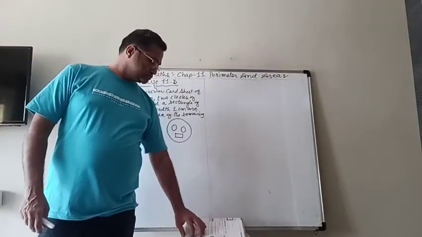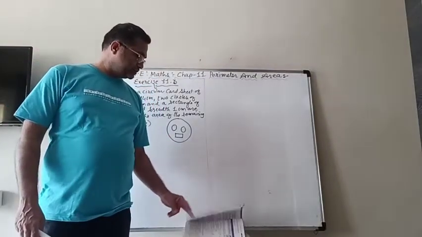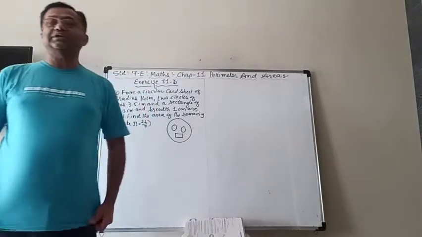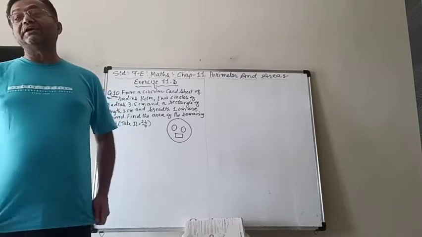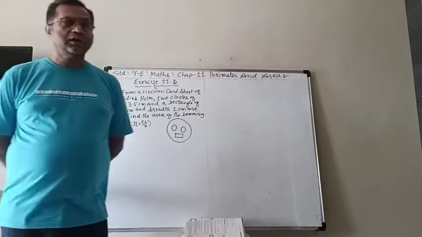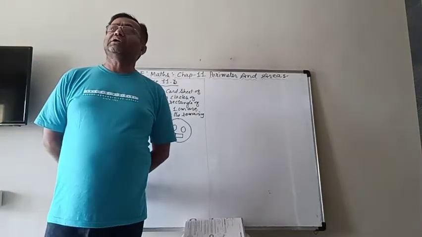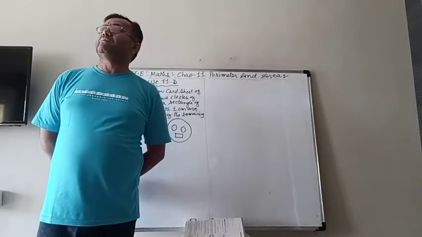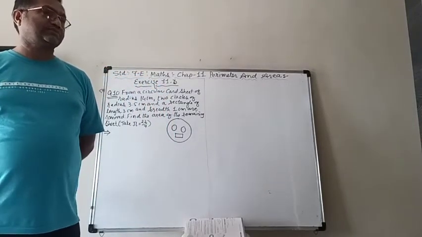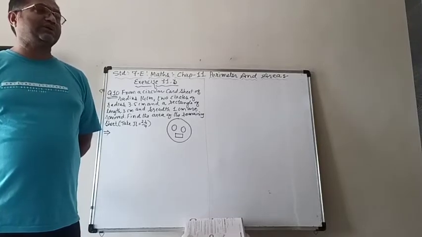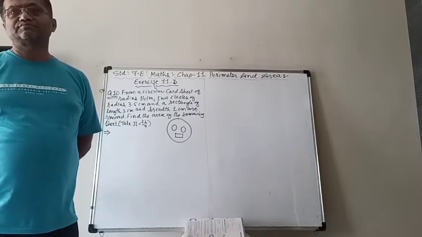We are learning chapter 11, perimeter and area. We remember that we have to learn the formulas. Formulas must be in your mind.